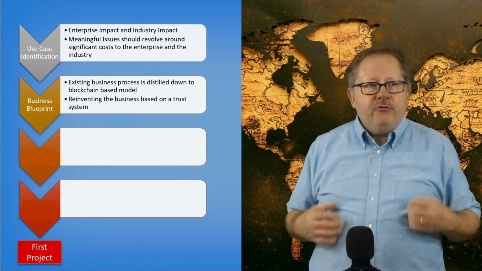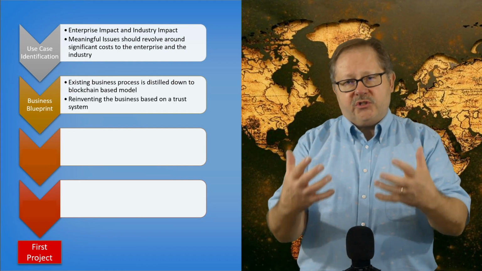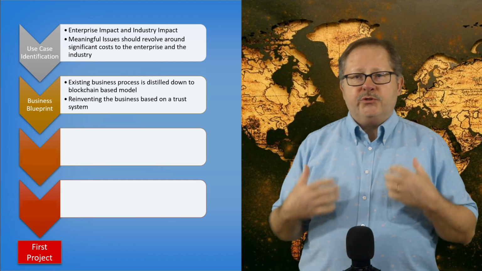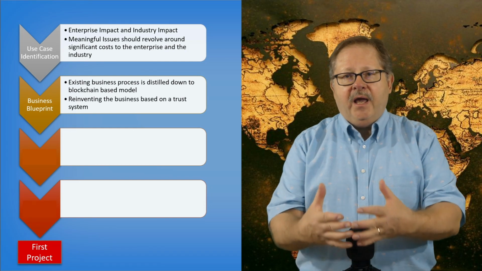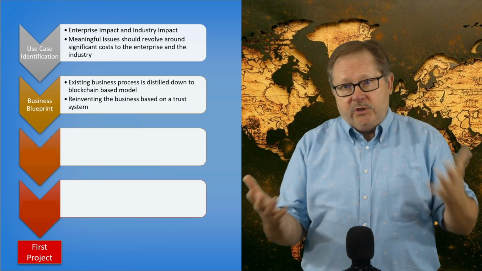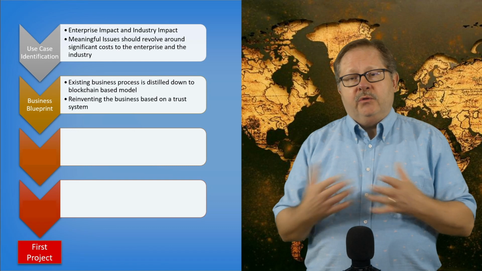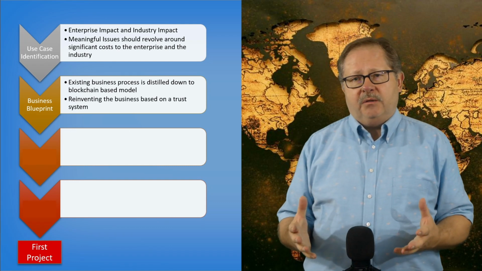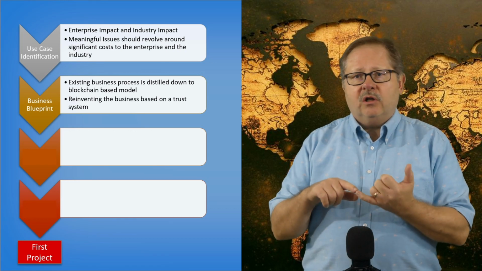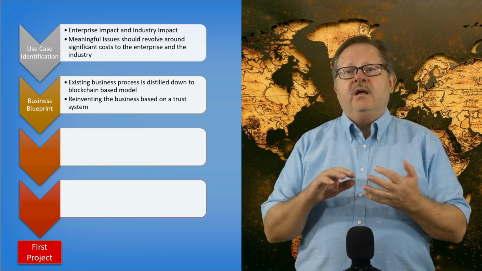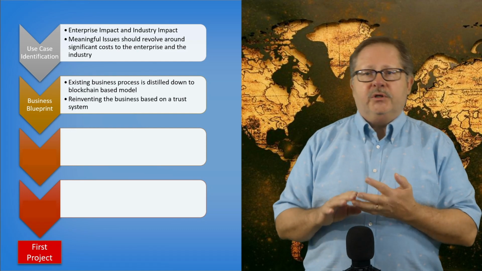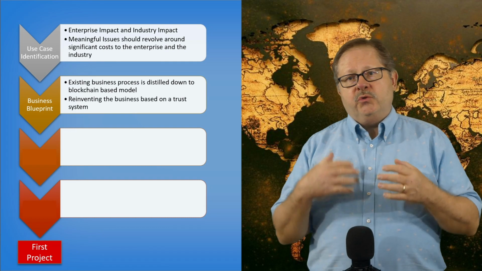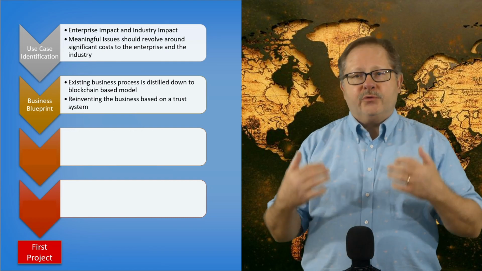The next thing to do is to develop a business blueprint. In other words, you've got to go into your business and distill down your processes and figure out what parts of those processes are going to be part of the blockchain and what parts would generally not be part of it. Just like in any other software development, you would develop all of the reports that you want and scope out all of the inputs, the outputs, and all of the data that you want to reasonably be able to retrieve from the blockchain.